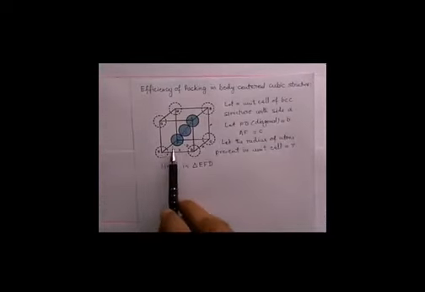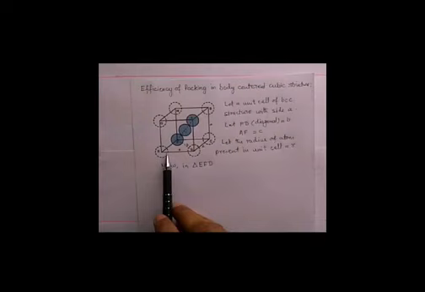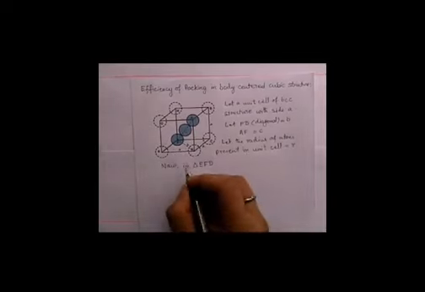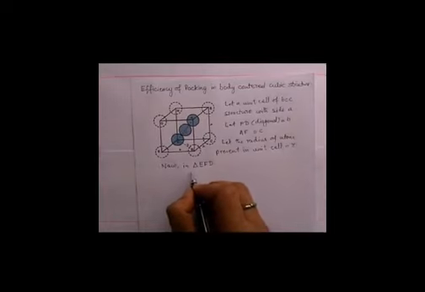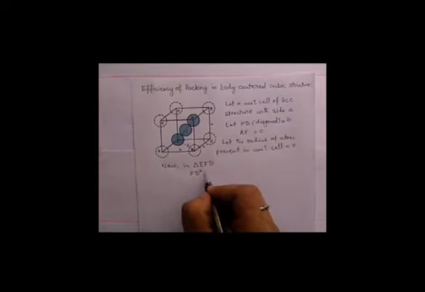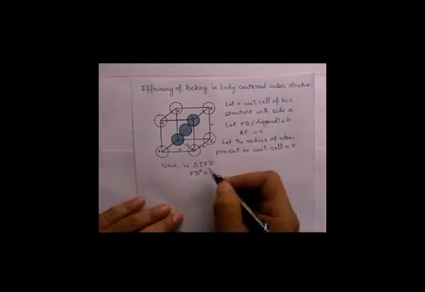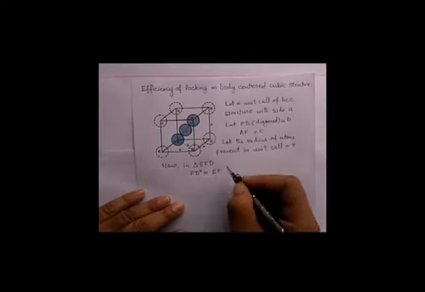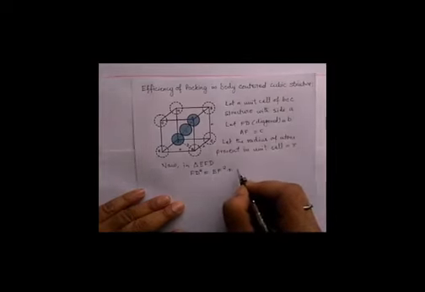ED and EF are perpendicular to each other because they are also contributing to the cube, whereas this diagonal is inclined to this. This is working as the hypotenuse. So we can write that FD, square of this side, is equal to the sum of the squares of the other two sides, according to Pythagoras theorem.